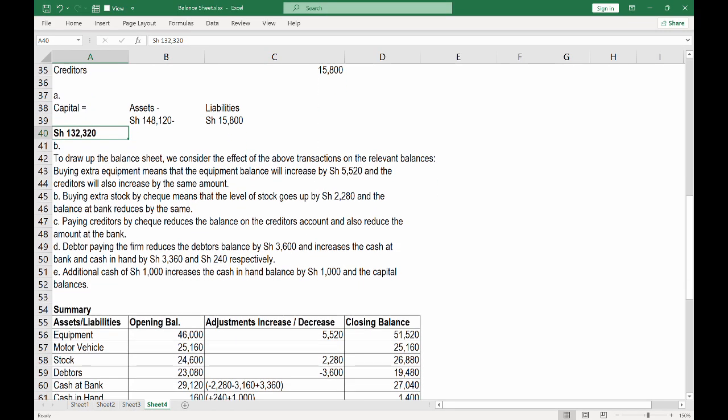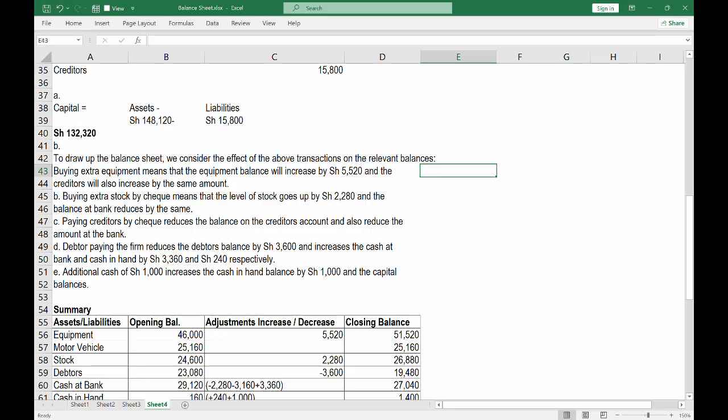So before we draw up the balance sheet, we need to do some adjustments. We are told that he bought extra equipment on credit for 5,520. So we shall consider the effect of the above transaction on the relevant balances.